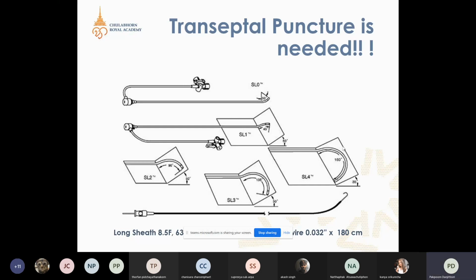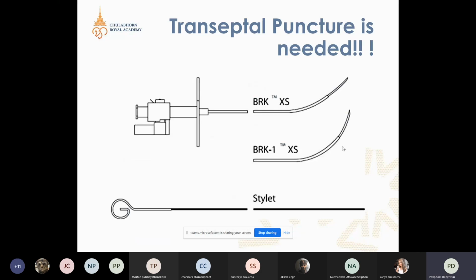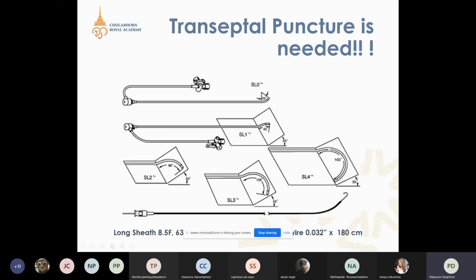In the transseptal puncture procedure, we need a long sheath catheter, which is around 8.5 French, and the length is around 63 centimeters, with the guide wire being 0.032 inch with 180 centimeters in length.